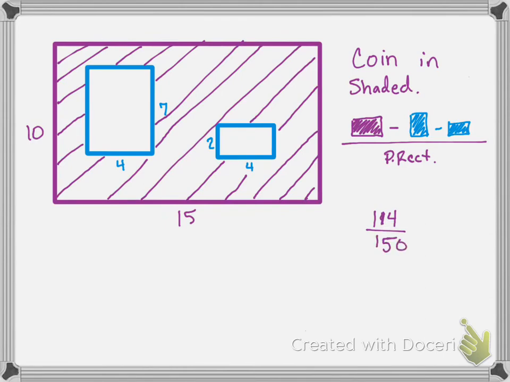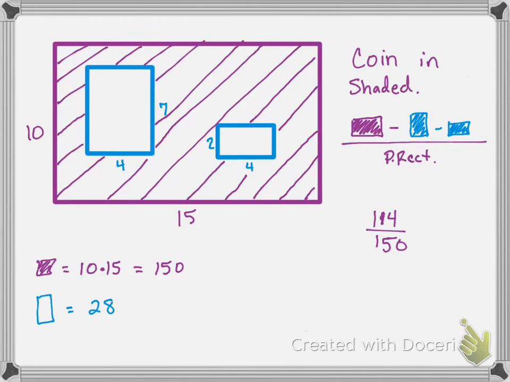Do y'all agree with that? How do you get 114? What do we do? 150 minus 28 minus 8. So my purple rectangle is 10 times 15, which is 150, right? Then I got one of my blue rectangles, the tall one, is 28 from 7 times 4.